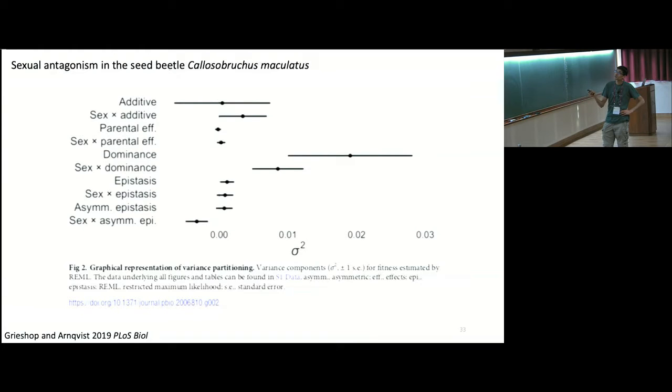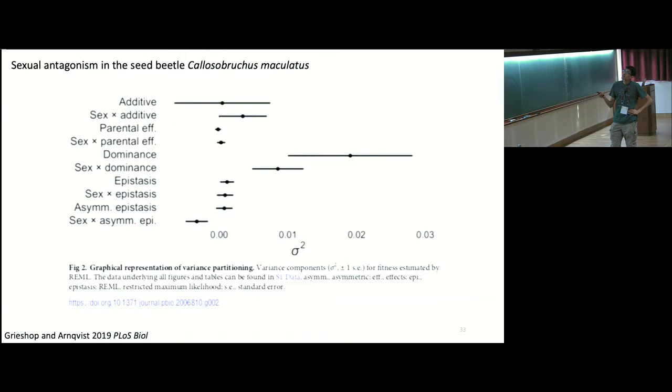What they measured, the phenotype, was male fitness and female fitness from the offspring resulting from those crosses.